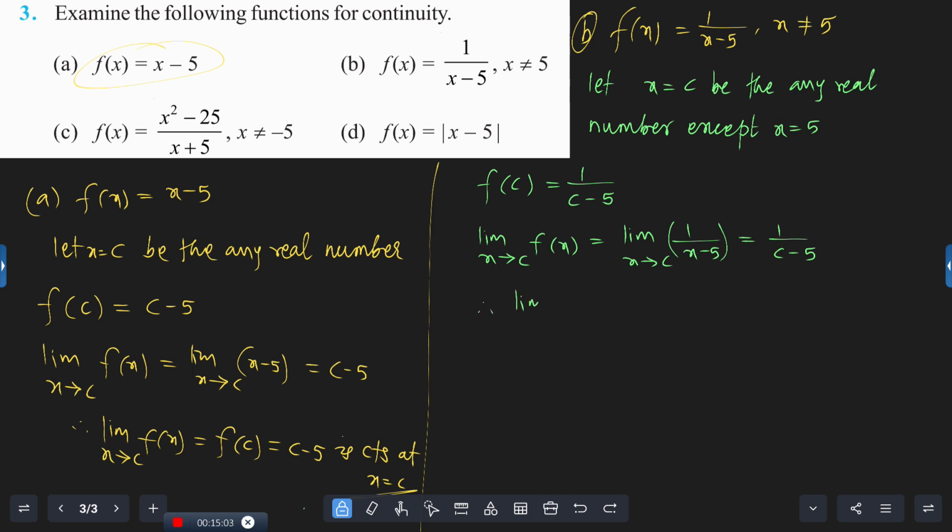Therefore limit x tends to c of f of x and f of c are both equal to 1 divided by c minus 5.